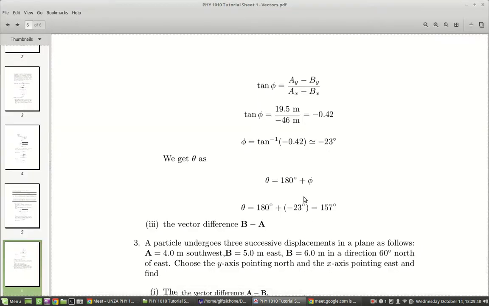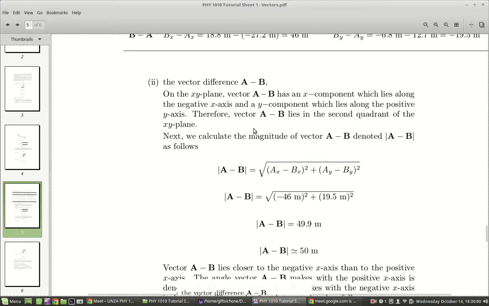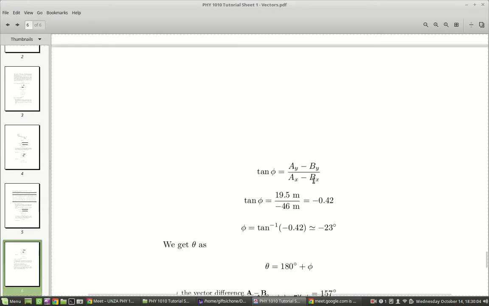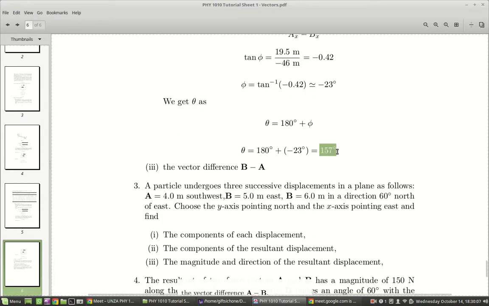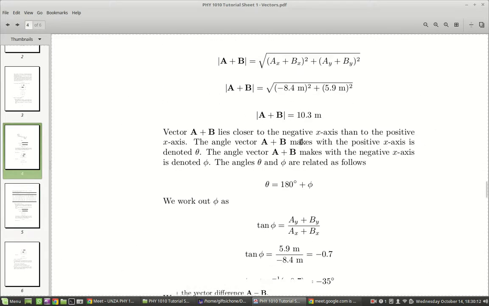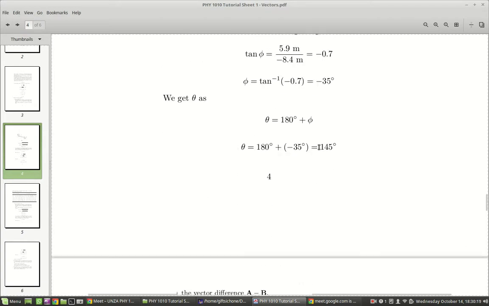So we see a couple of things here. A plus B and A minus B, they all lie in the second quadrant. However, the size of A minus B is 50 meters, and the angle it makes is 157. The size of A plus B is 10.3 meters, and the angle it makes is 145.